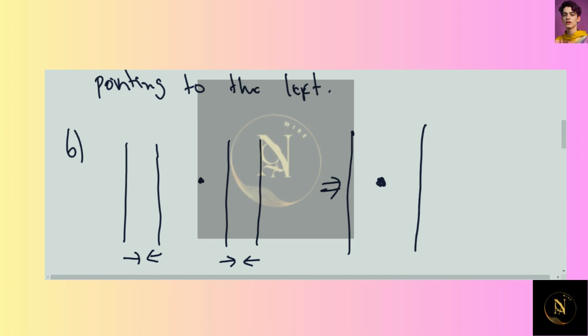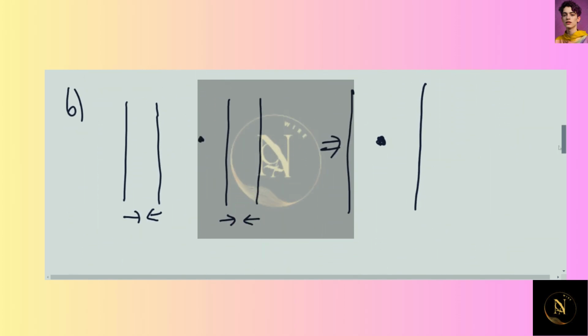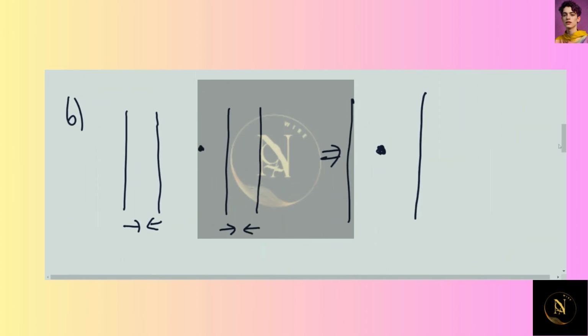Two infinite planes, one on one side and one on the other. And again, we know that this is negative, this is positive, positive.